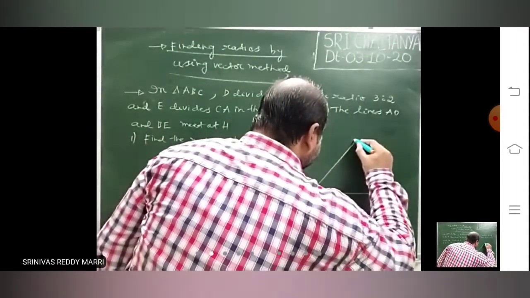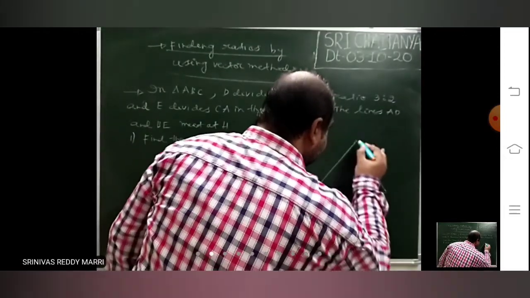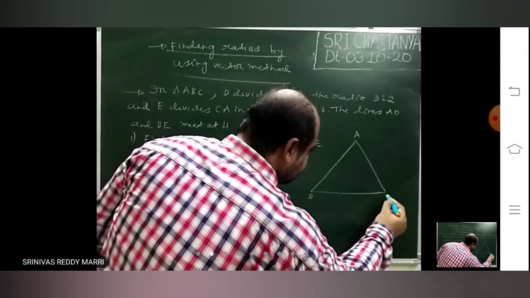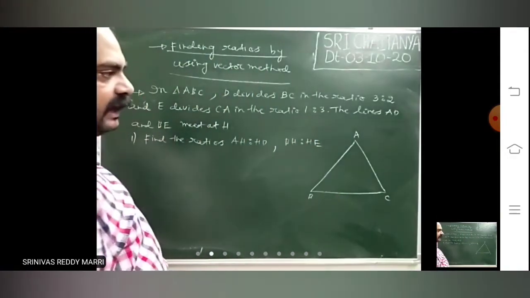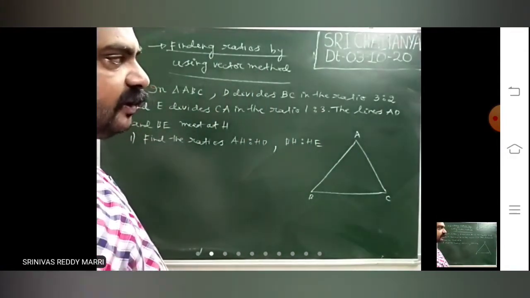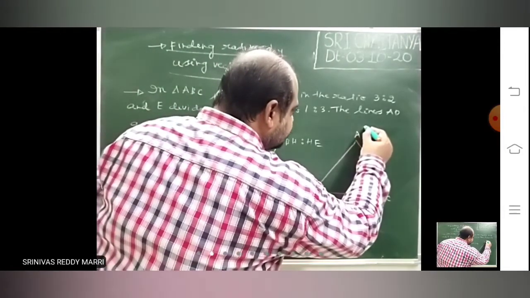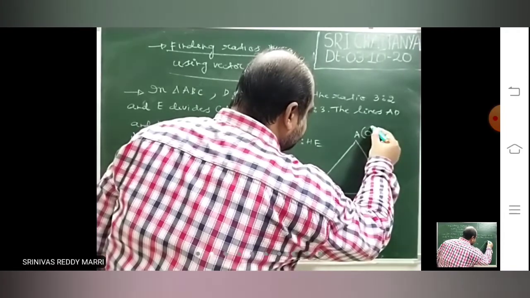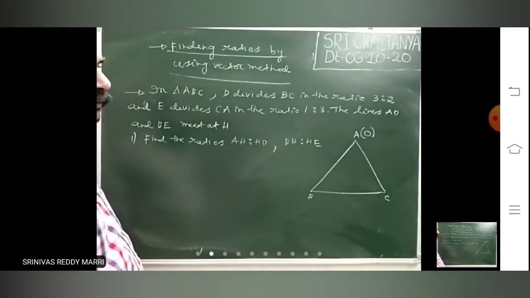Construct the triangle. First step is construct the triangle by using this data. And by using vector methods you have to solve, you always take one position vector as origin. Take one vertex as origin, that will be easy to solve.